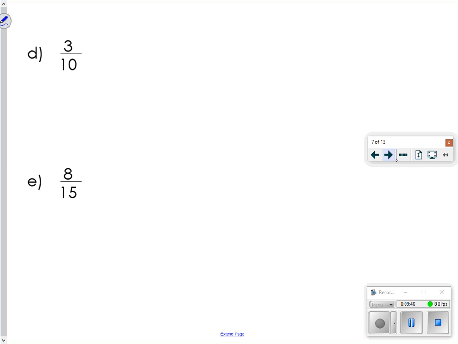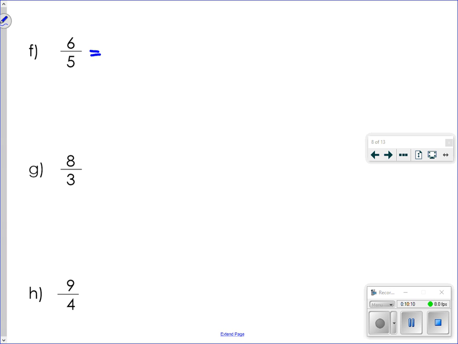What about 3 10ths? That means we would have 3 1/10. Yeah. Okay, what about 8 15ths? That means we would have 8 1/15. Yes. 6/5. Ooh, now we're into some improper fractions. Does that change anything?